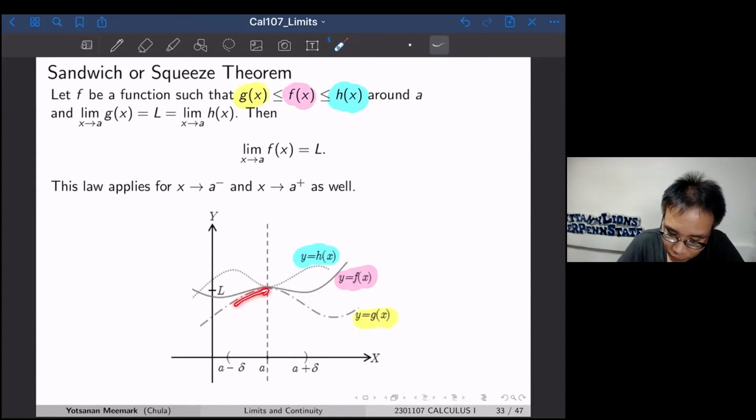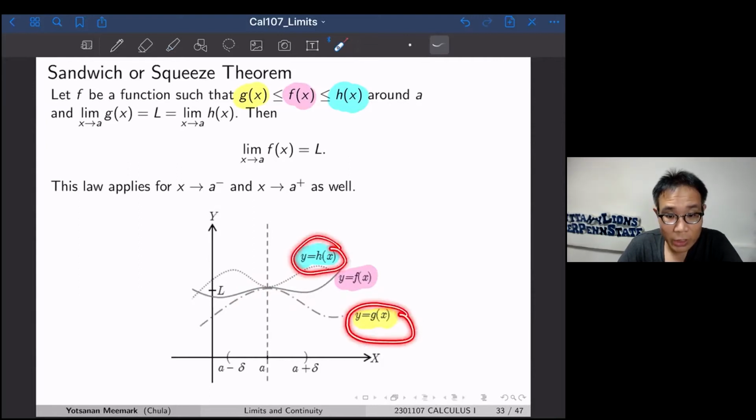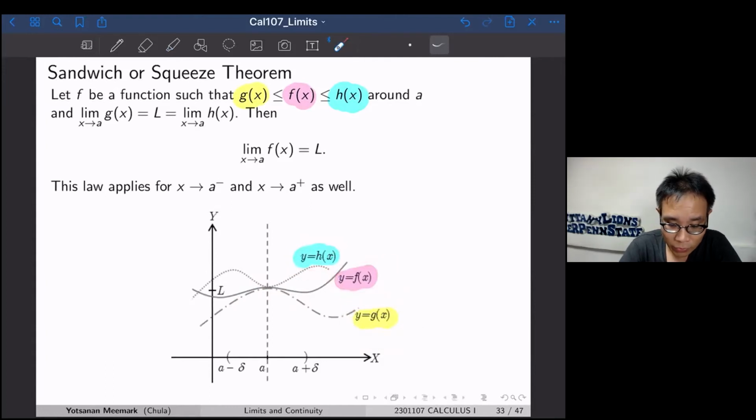The limit as x goes to a of g(x) turns out to be equal to L on both sides. And in the picture you see that it looks like a sandwich. So you have bread here, you have bread here, and you have the meat here or the ham in the middle. Okay, so this one may be the ham, and this one is your bread.